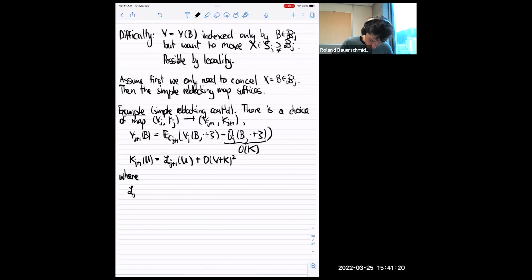Lj plus 1 of u is given by the following expression. It's the sum over connected polymers of scale j. So u is at scale j plus 1. So it's a sum, like the reblocking map.